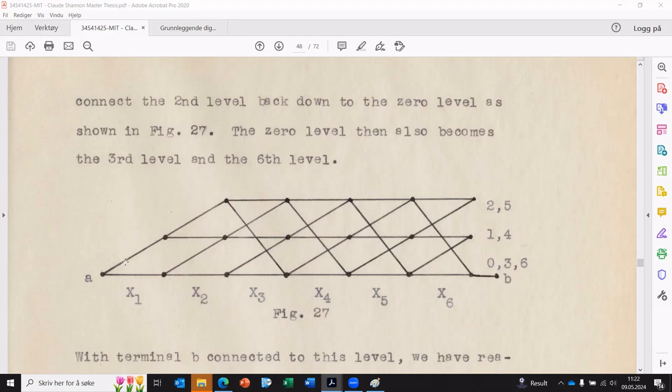Level 2 is by going up here, and you get also level 5 going up here, going up here, going up here, going up here, going up here. That is 1, 2, 3, 4, 5.